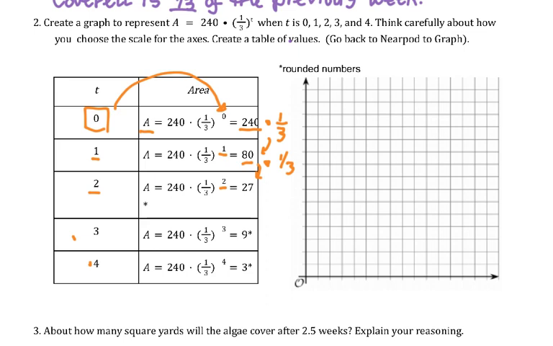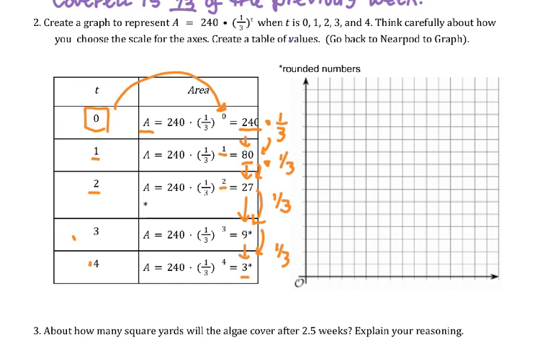When I take 27 and multiply that by 1/3, I get 9. And when I take 9 and multiply that by 1/3, I get 3. This is a series of numbers that you can see keeps getting smaller and smaller.